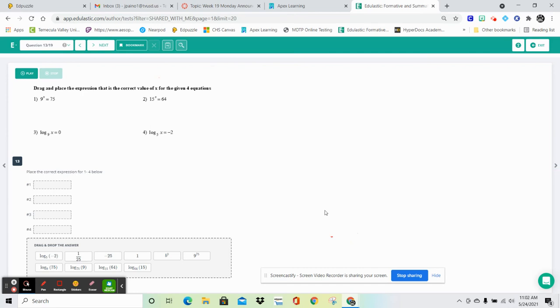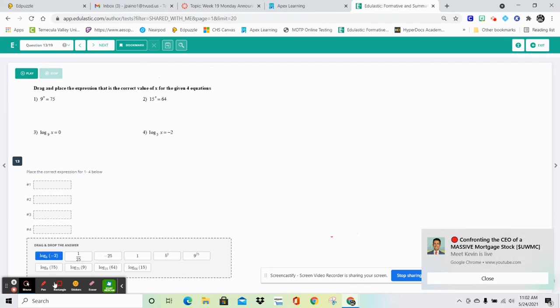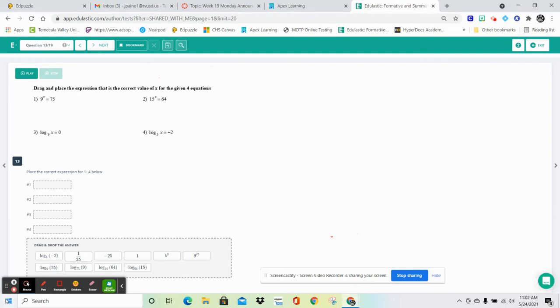All right, drag and place the expression that is the correct value of x for the given 4 equations. We solve these. We're going to rewrite in log form.